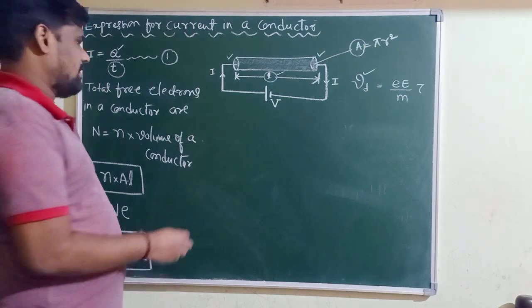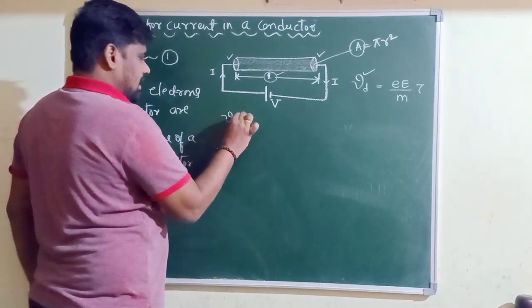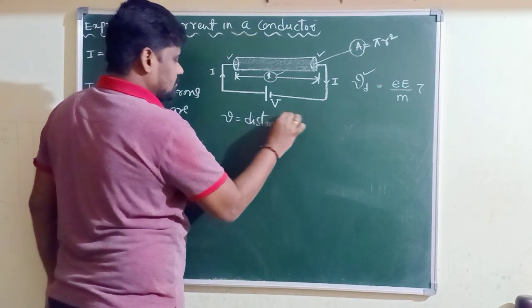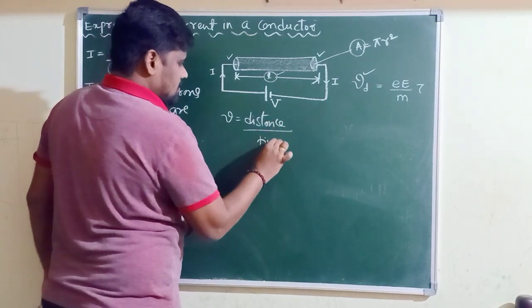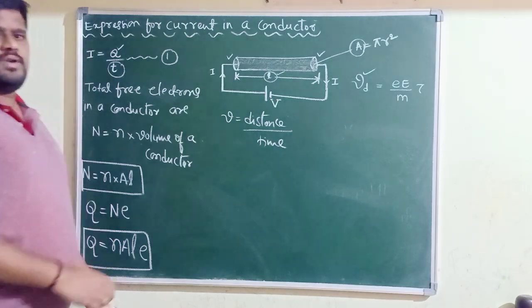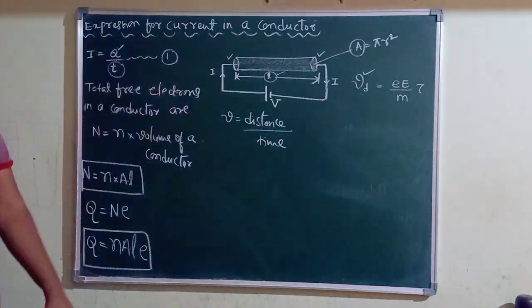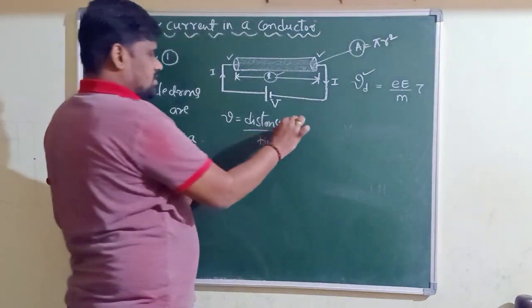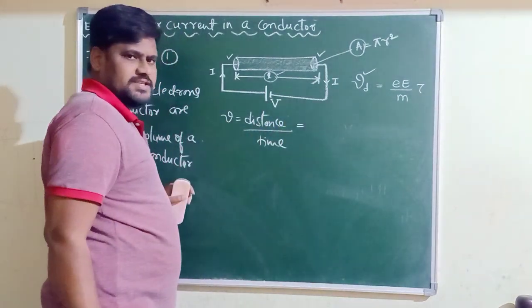How are you calculating? Velocity can be calculated by using the formula distance by time. How much distance the charge is traveling here?